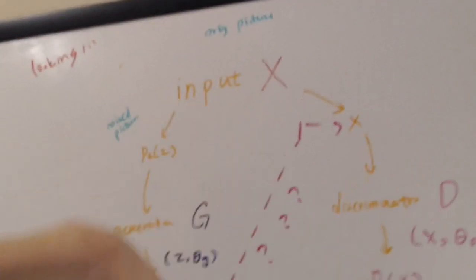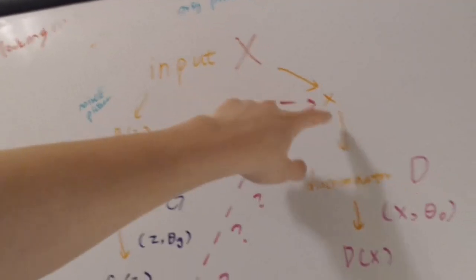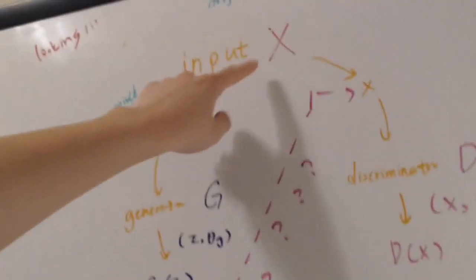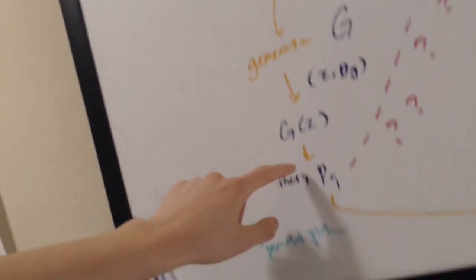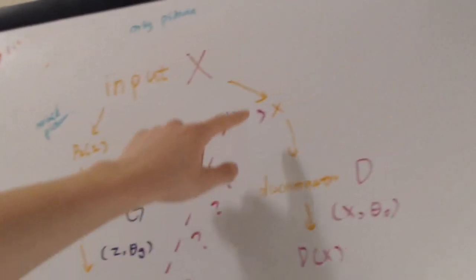I'm guessing that sometimes we might feed the data directly through here, but sometimes we might feed it through the generator first, and then go to the discriminator.